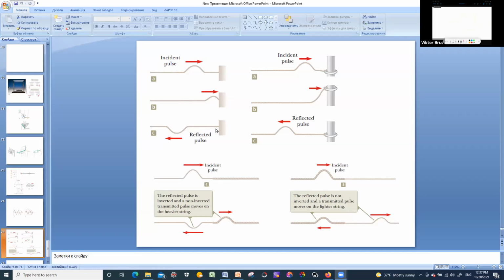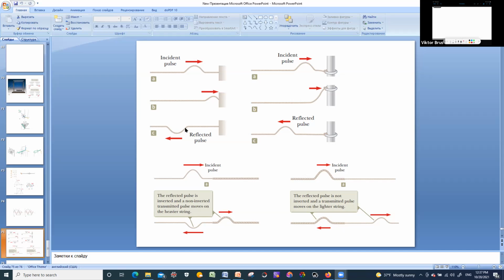So if we neglect any dissipation of energy at this interface, we will have the same pulse reflected from this wall. However, it will be in opposite phase. So there will be a phase shift between the incident and reflected pulse.